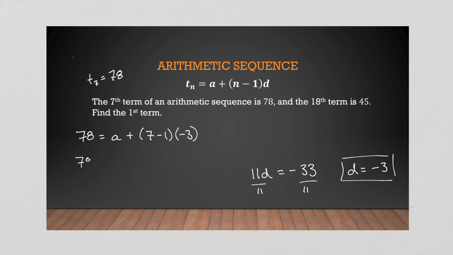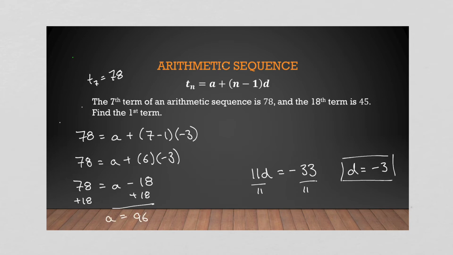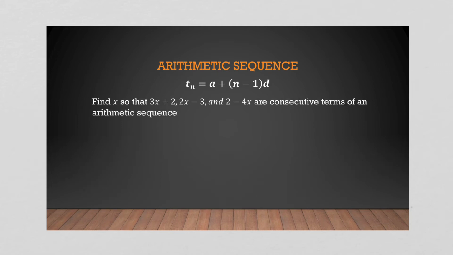So I've started to fill in those puzzle pieces, and it's all becoming more clear now because I have information that was missing. I just get down to computation and a bit of arithmetic. So now add 18 to both sides, and we say A is 96. So that's sort of the most complex in the arithmetic sequence until we give you a sequence that has variables in it.